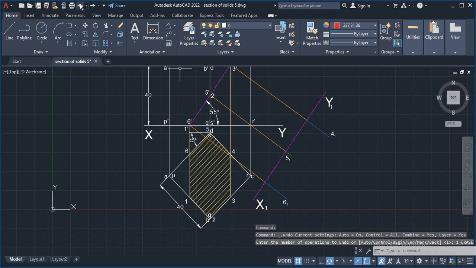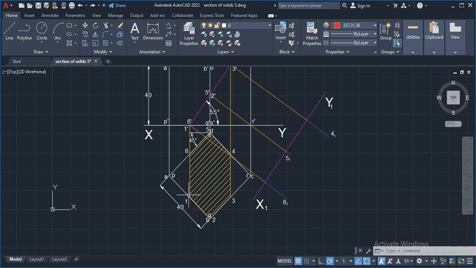So similarly, from the point 6 to the point 1. So 6 1 is here, keep your compass pointer here, draw an arc. Now extend this line up to the arc, you will get 1 suffix 1.